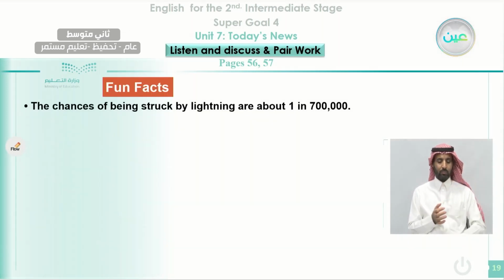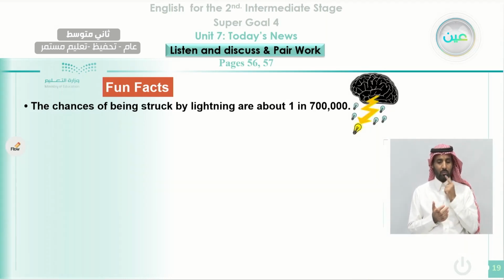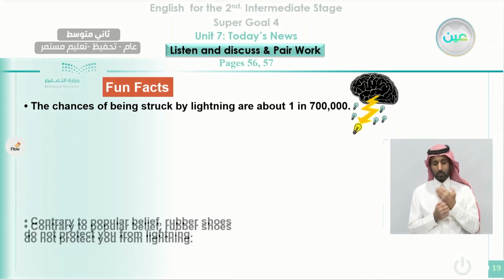Okay, now there are some facts about what happened when the lightning hit Ricardo. We are going to learn some facts about that. The chances of being struck by lightning are about 1 in 700,000 for one person. So this is, alhamdulillah, not possible very often.